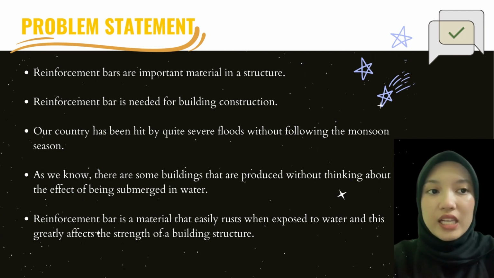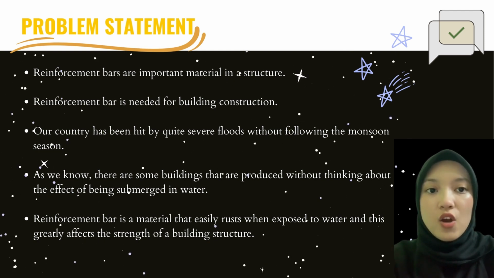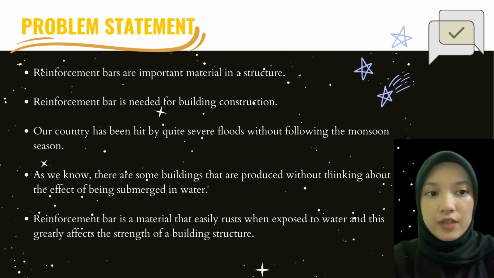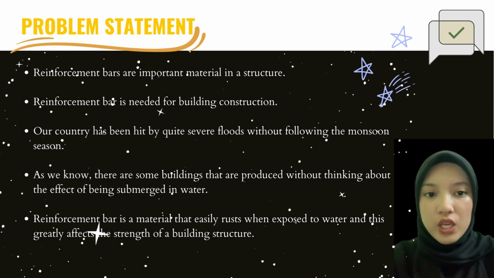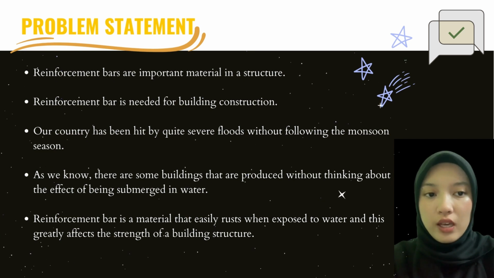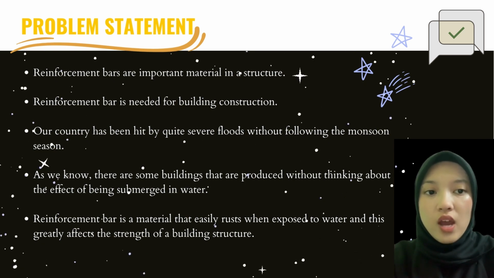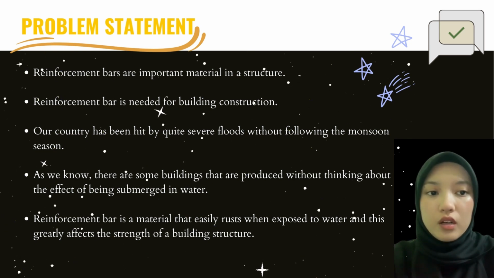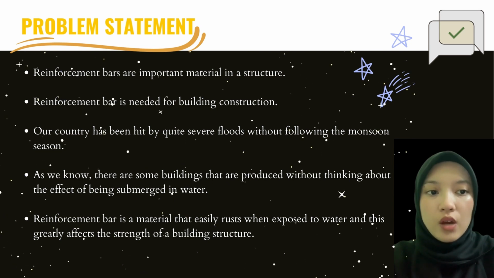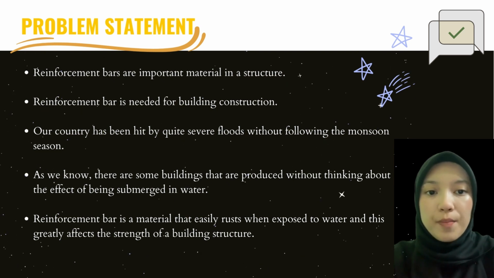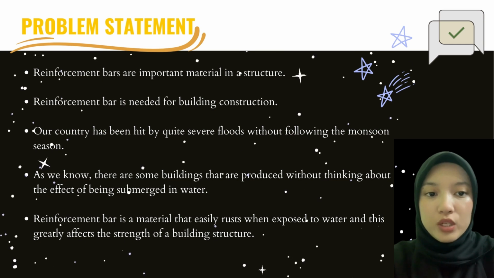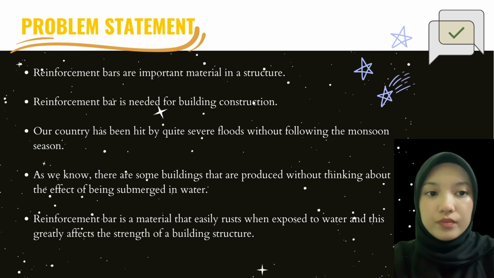Lately, our country has been hit by quite severe floods following the monsoon season. Many houses in Malaysia have been flooded for a long time. As we know, some buildings are built without considering the impact of being submerged in water.